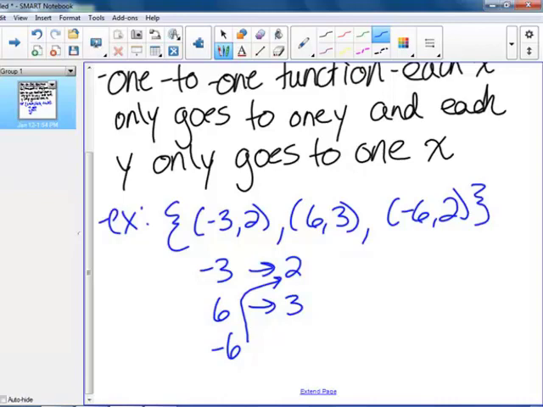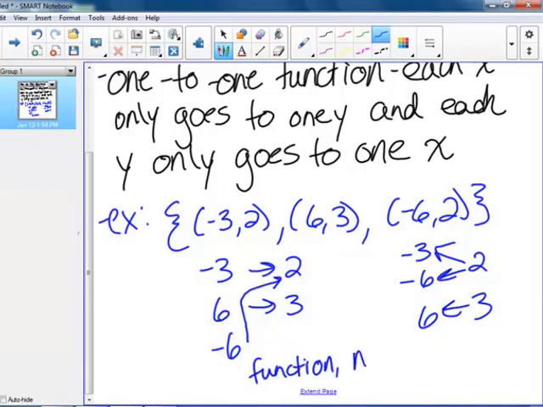So this is a function because each x only goes to one y. But going the other way, my 2 and my 3 are my y values. Let me put these in order. 2 goes to -3, 3 goes to 6, and 2 goes to -6. So it is a function, but it's not one-to-one.